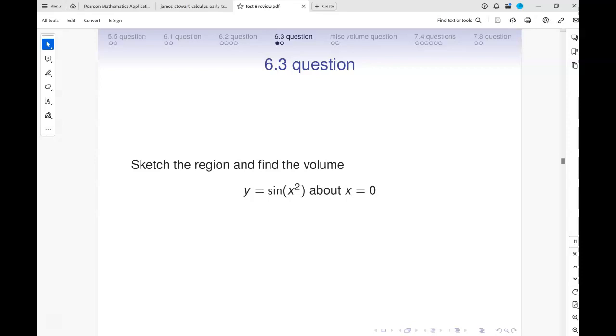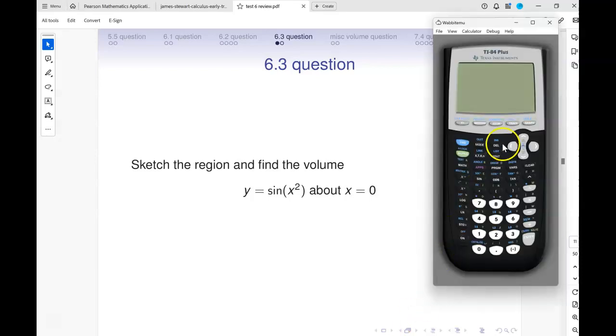We're slicing with respect to y. I'm having a brain fart right now. What should we be doing for this? Yeah, this has to be shell.